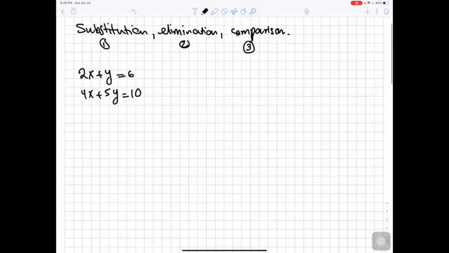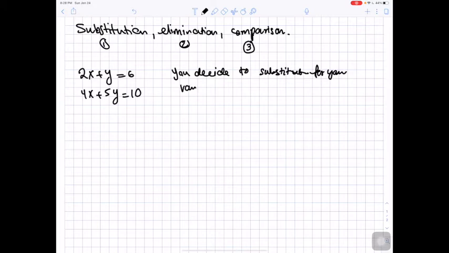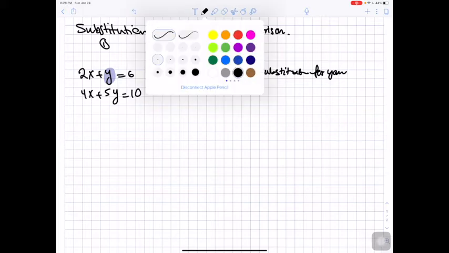So substitution is a scenario where you decide to substitute, as the name suggests, for your variable. For example, I will say I am feeling like substituting y in my other equation. So for the first one, I'll take the first equation.